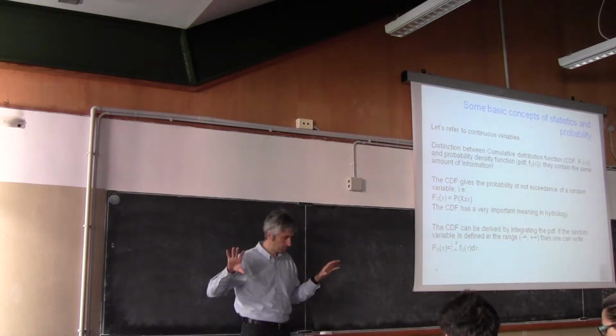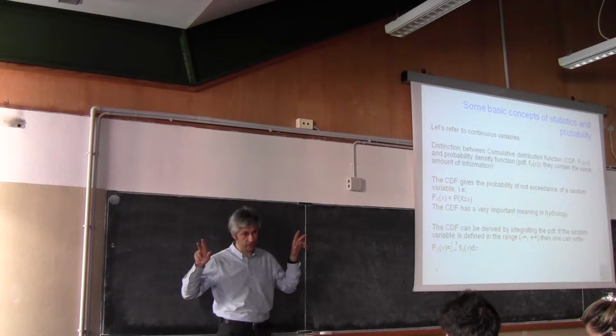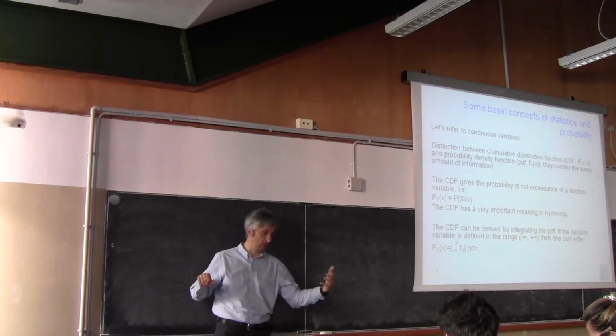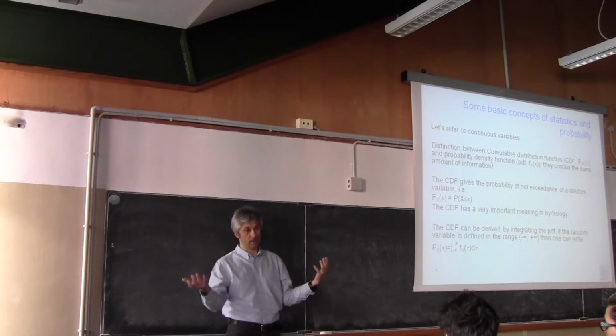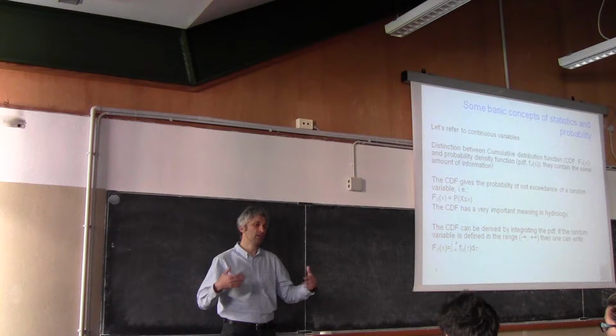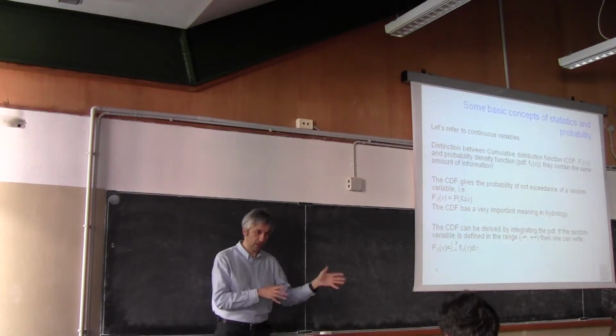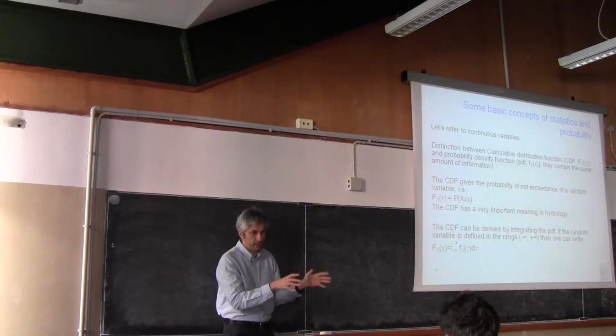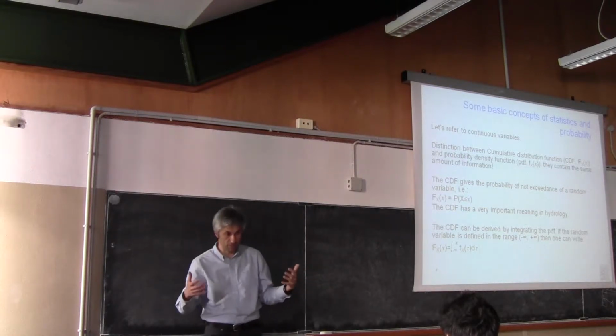And first of all, what is a random variable? It is an association, I said, between an event that we observe, the river flow, and a number. And this association is made so we can deal mathematically with the event, because we cannot treat the river flow that we observe in itself mathematically. We need to associate to the river flow a number.